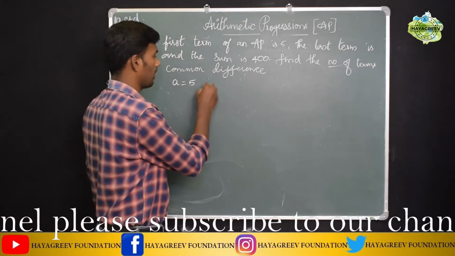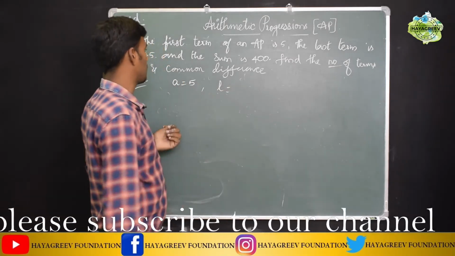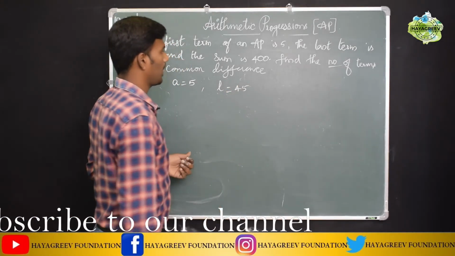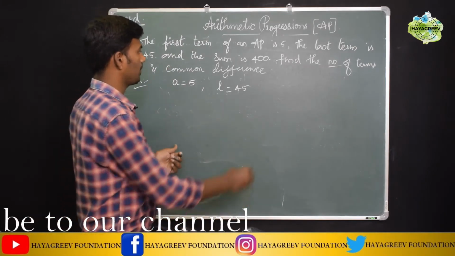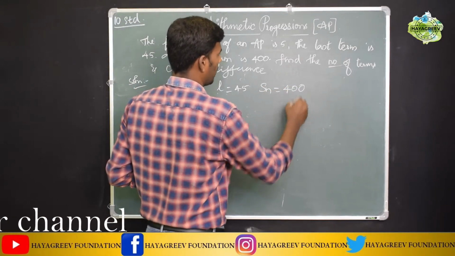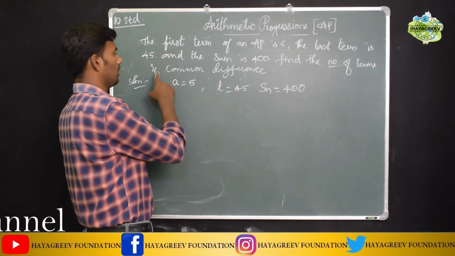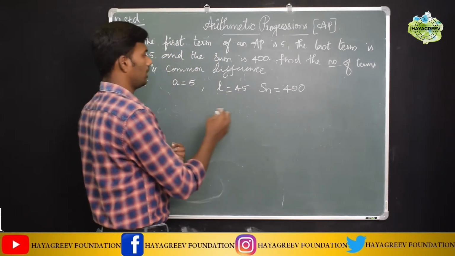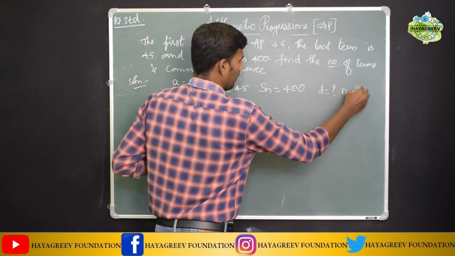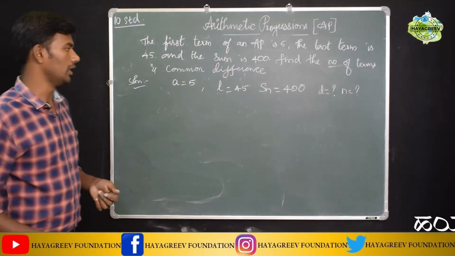The last term, let us take as l, is equal to 45 and their sum Sn is equal to 400. We have to find the number of terms and common difference, that is d and n.